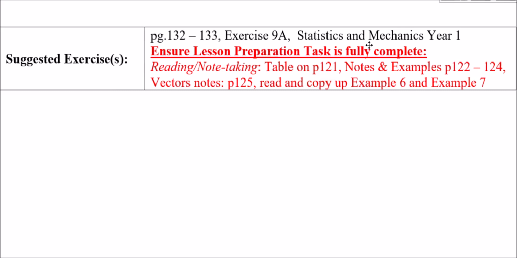So just to recap what I mentioned at the very beginning, reading and taking notes from the table on page 121, all the notes and examples from 122 to 124, vectors notes, page 125, and then read up and copy and digest examples 6 and 7 as well. That'll stand you in good stead for the rest of this chapter.